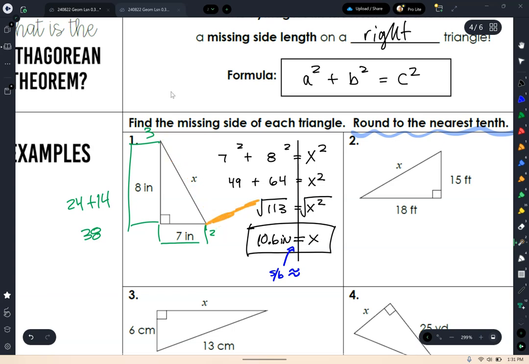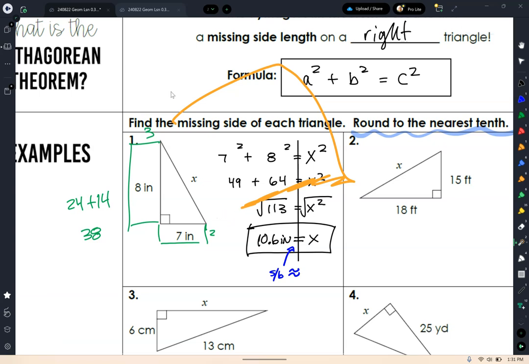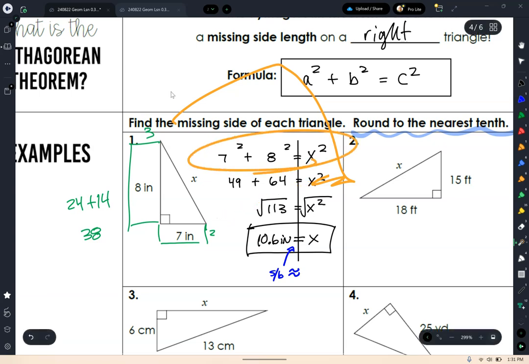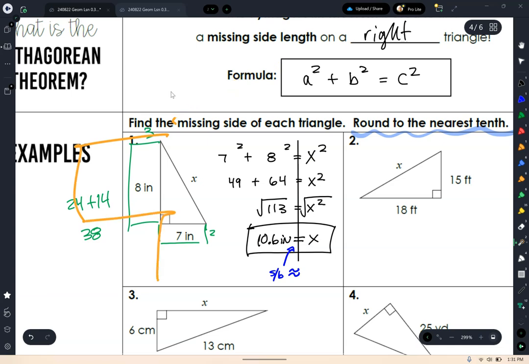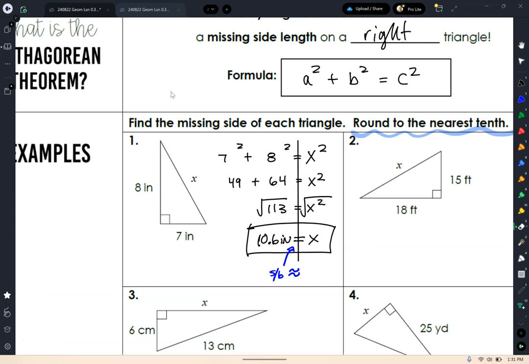Is it short? Is it medium? Is it long? How long does that come off? We don't know, because the whole point of this theorem is that it's based off of perfect squares that come off of the outside. So we wouldn't actually be able to use that math problem to solve that. Does that make sense? Okay? All right, good. Fantastic.